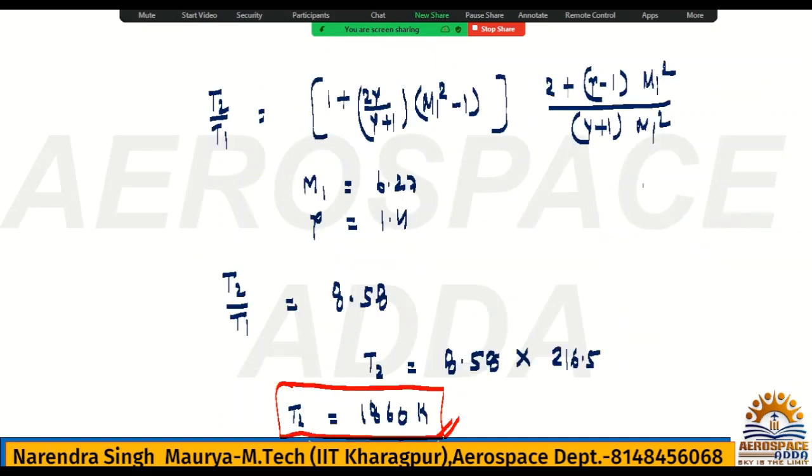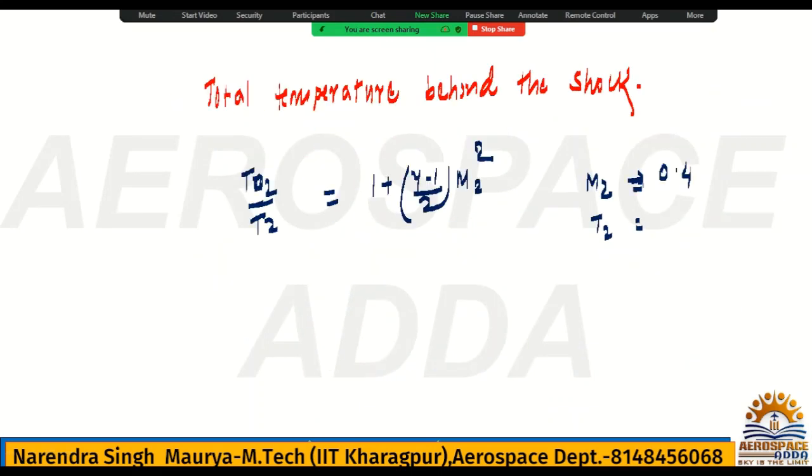We had calculated T2 is equal to 1860 Kelvin. Gamma, you know, it is air, 1.4. Keep all the values here.